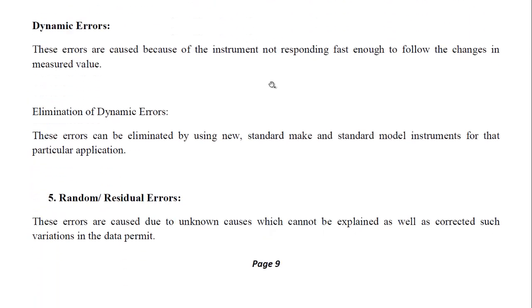Now coming to random or residual errors. These errors are basically present by themselves, and can neither be explained nor corrected. So these errors are called random or residual errors, which arise randomly. That is why it is named residual.